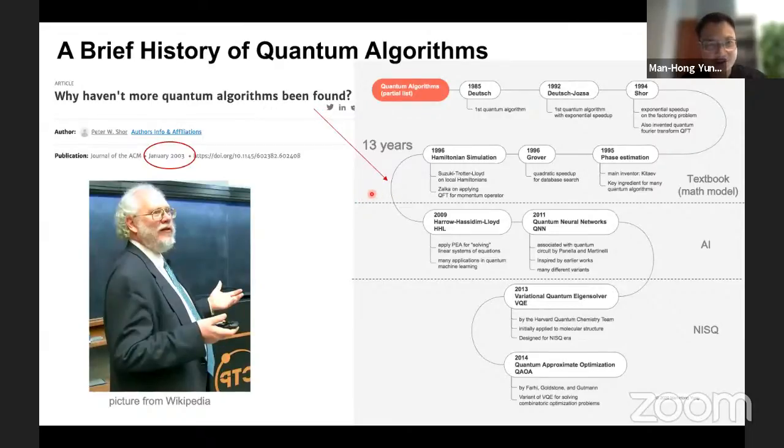After a few years, we have this now kind of popular algorithm called the HHL algorithm in 2009. But as most of you agree, the HHL algorithm is a kind of cocktail algorithm where you put stuff together into an application, right? It's relatively new.